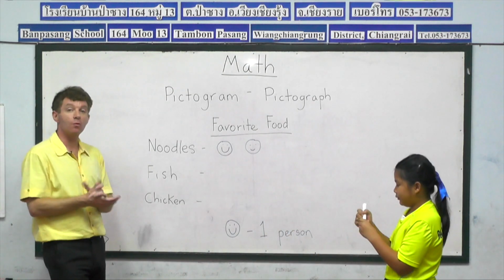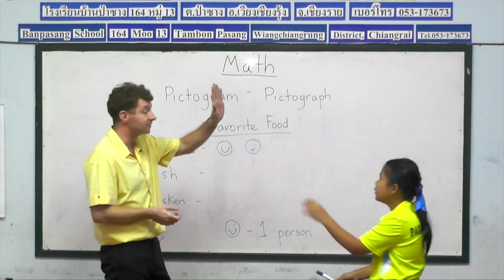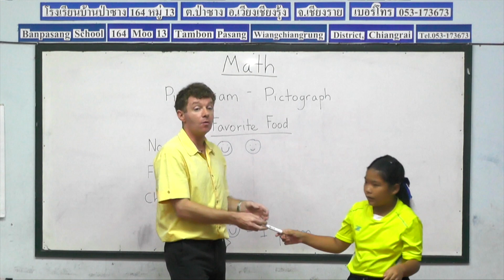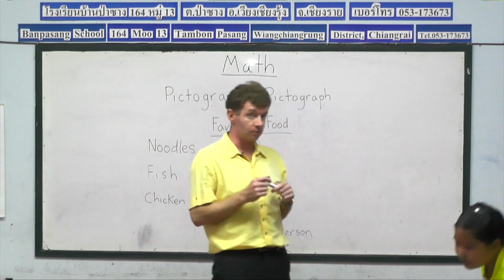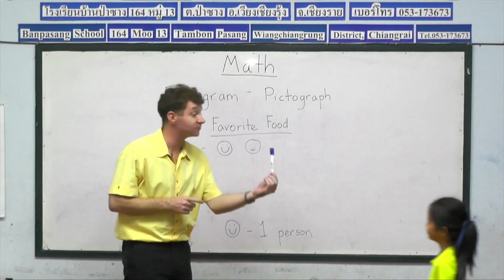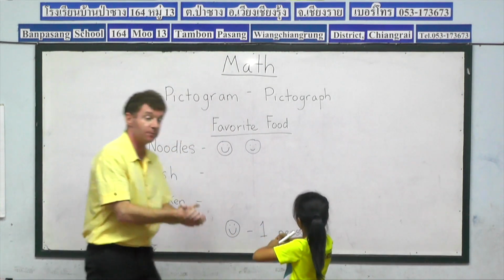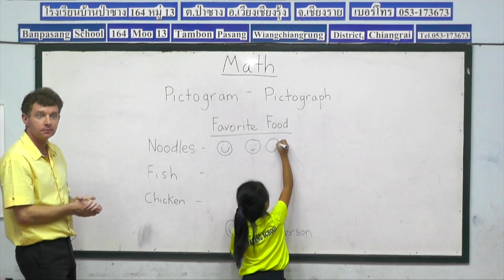So how many votes for noodles so far? Two. Lak Gao, that's excellent. Well done. And now I would like to invite Prel to come forward and give her vote. So each person represents a smiley face. You're welcome, Prel. Wow, another vote for noodles.